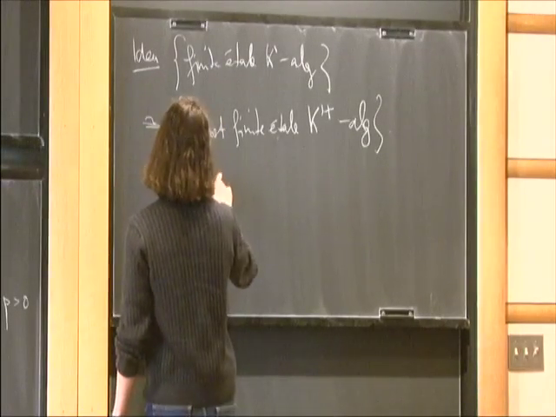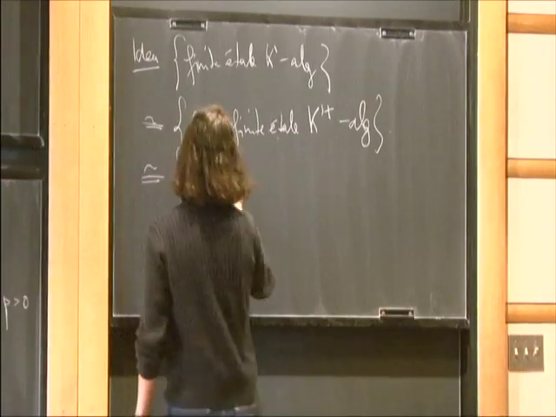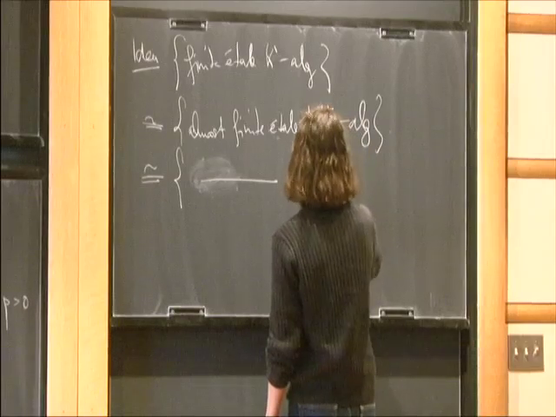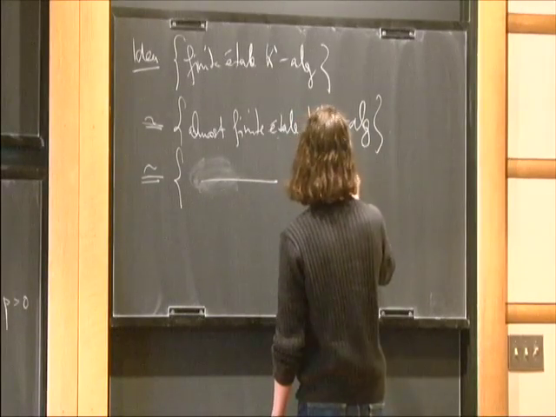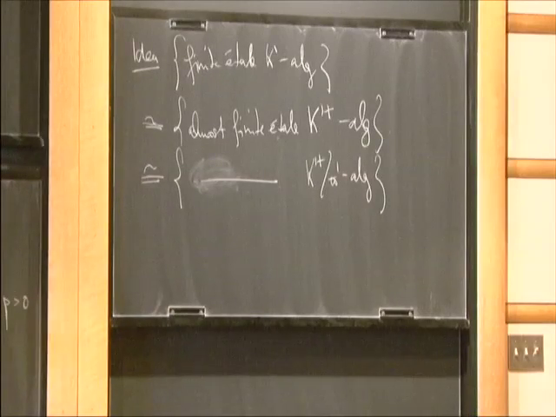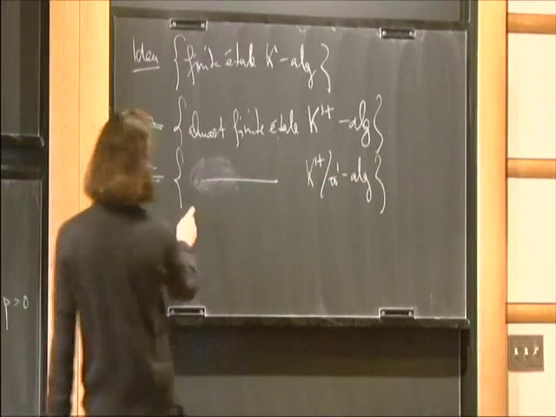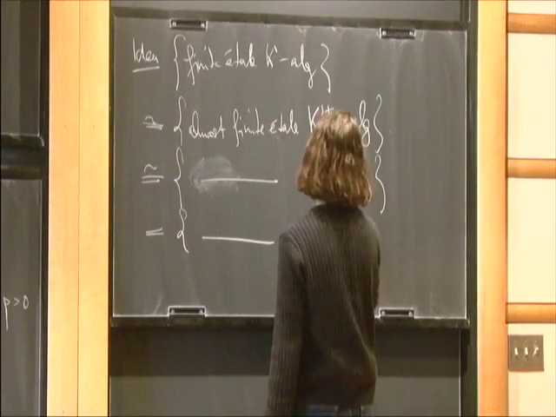And I will say in a minute a word about what almost is supposed to mean. And then it's also equivalent to the category of almost finite étale K prime plus mod pi prime algebras by some unique lifting theorem for almost finite étale covers over nilpotents. But K prime plus mod pi prime is in fact just the same as K plus mod pi.